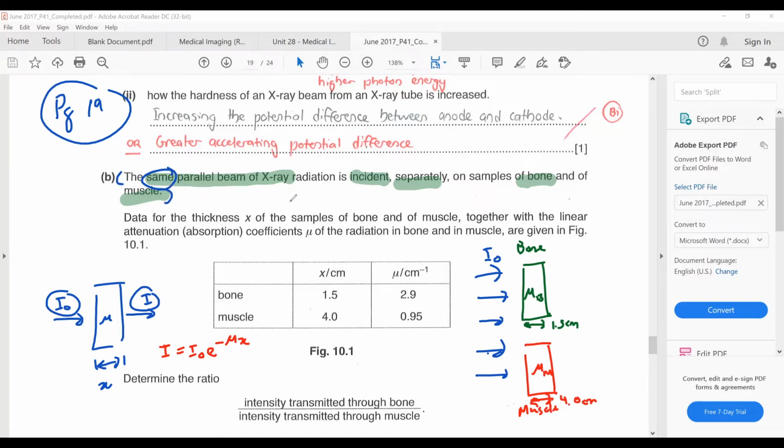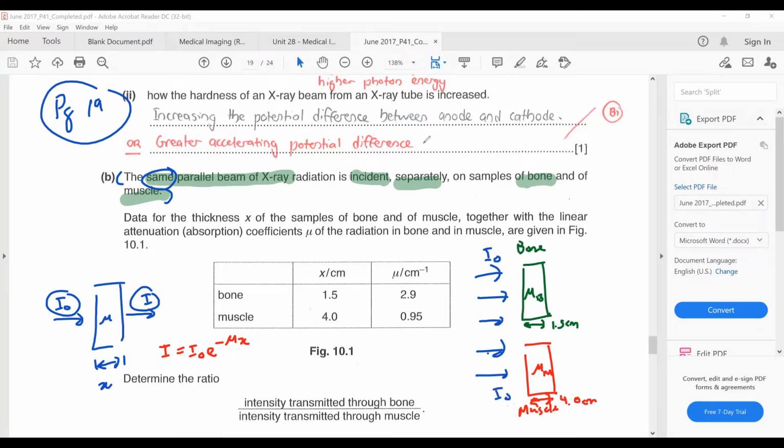It's not to say that bone is behind muscle or muscle is behind bone. They're not stacked together like that. They're considered to be laid out side by side so that they are exposed to the same initial intensity. Okay, so in your case here, this one is I naught, this one will also be I naught.